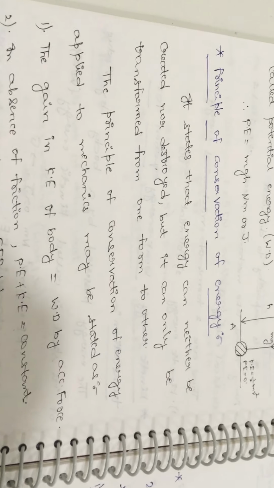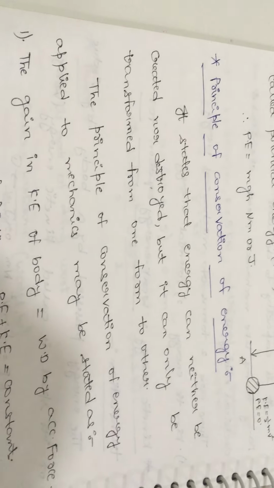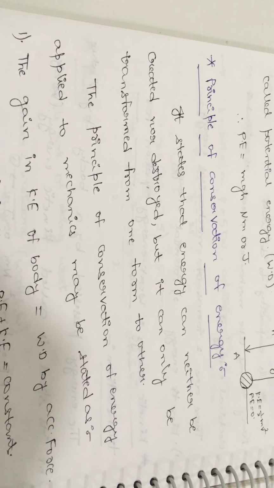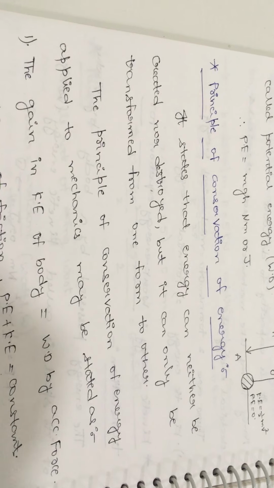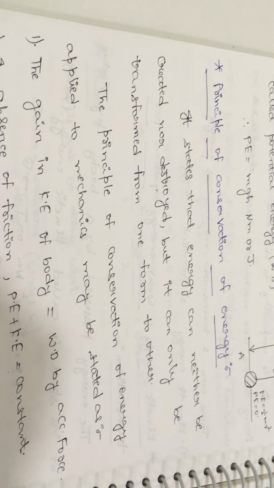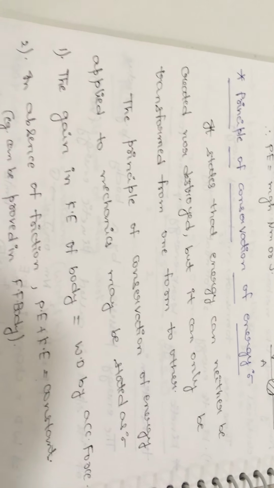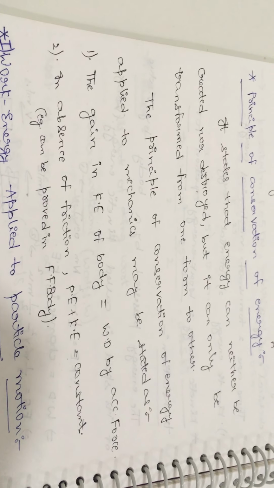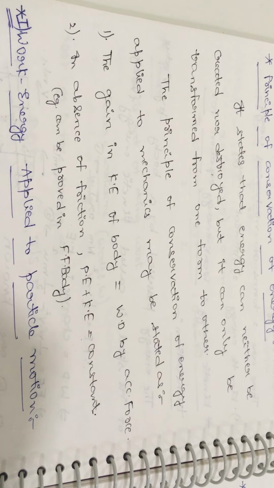Now coming to the concept of principle of the conservation of energy, it states that energy can neither be created nor destroyed, but it can only be transformed from one form to another form. It is nothing but a principle of the conservation of energy. And we can also state the conservation of energy as the gain in the kinetic energy of the body is equal to work done by the accelerating force.